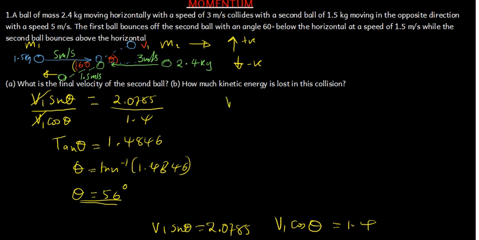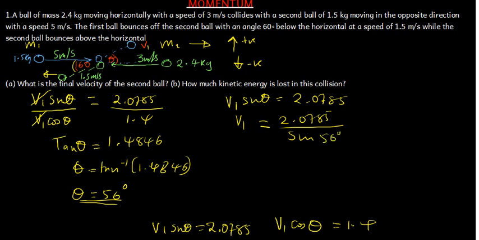So if we use v1 sin theta is equal to 2.0785, we'll find that v1 is going to be equal to 2.0785 divided by sin. Now the angle theta is about 56 degrees, so v1 is going to give us 2.0785 divided by sin of that one.